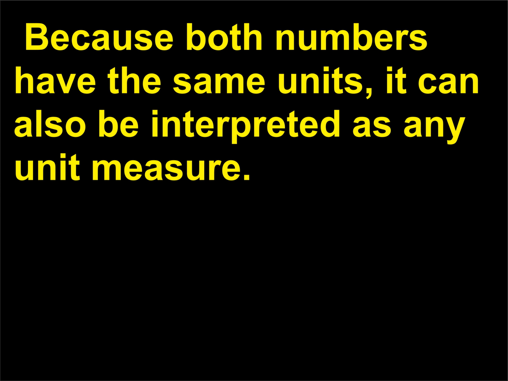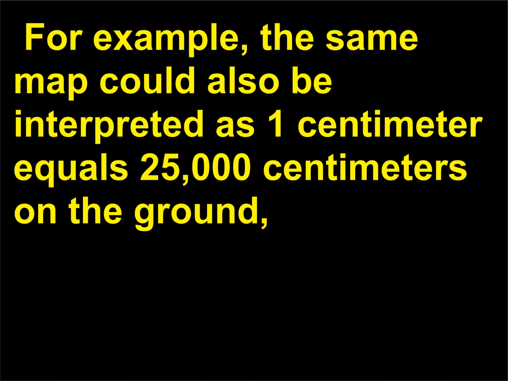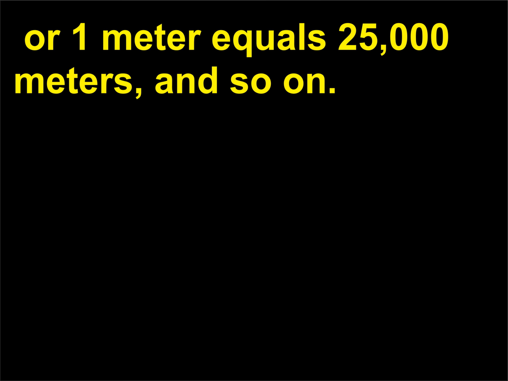Because both numbers have the same units, it can also be interpreted as any unit measure. For example, the same map could also be interpreted as 1 centimeter equals 25,000 centimeters on the ground, or 1 meter equals 25,000 meters, and so on.